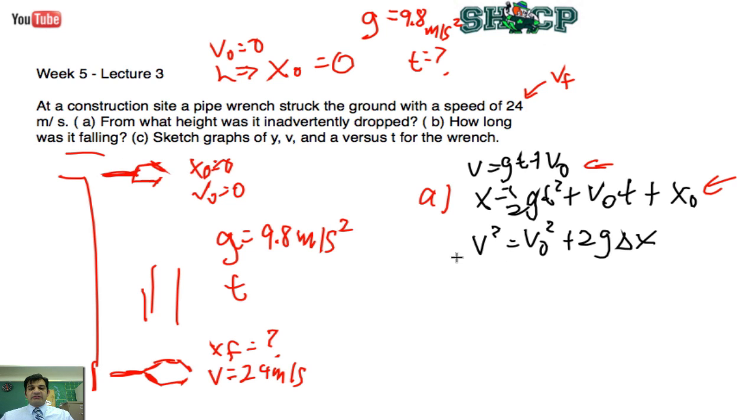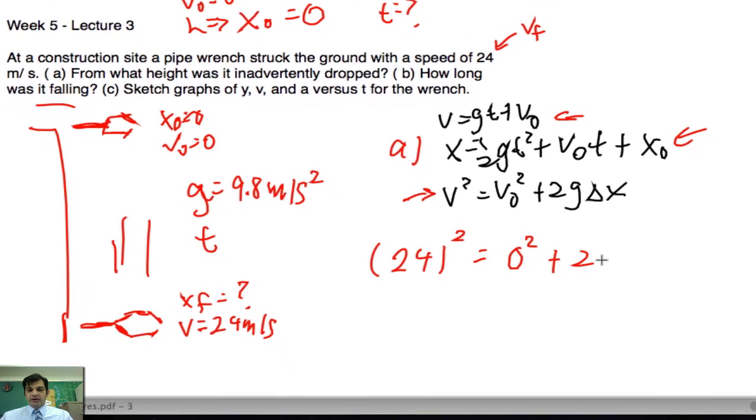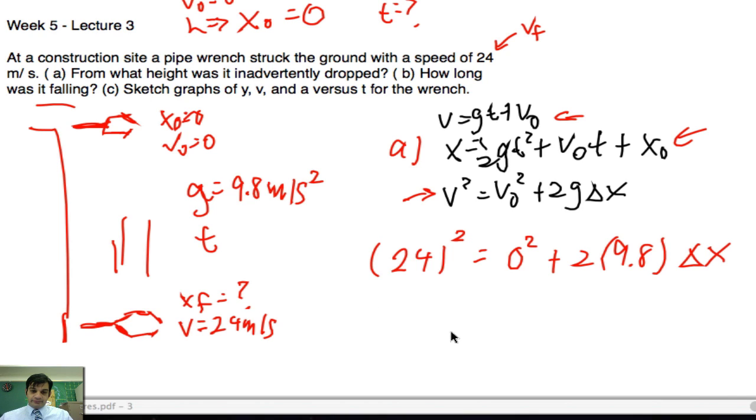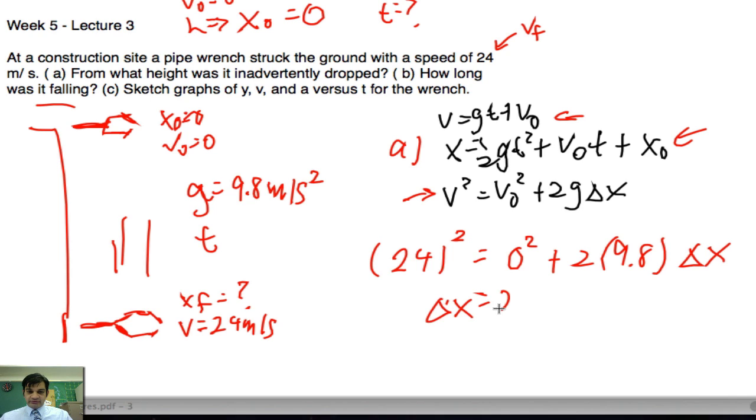So I'm going to use the last equation. So I have 24 squared equals 0 squared plus 2 times 9.8 times delta x. When I calculate that, I get delta x is 29.36 meters.